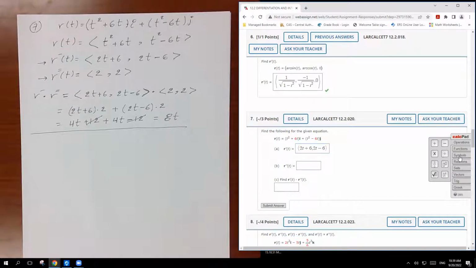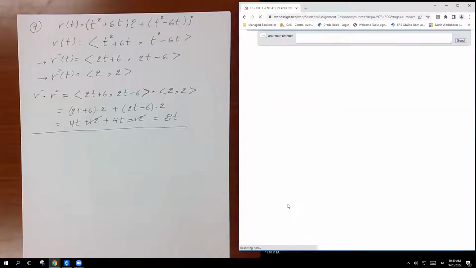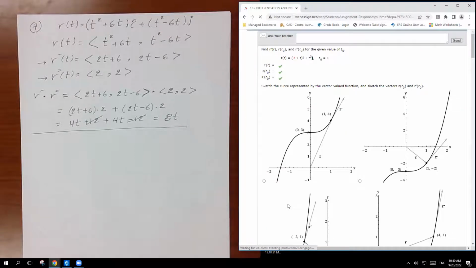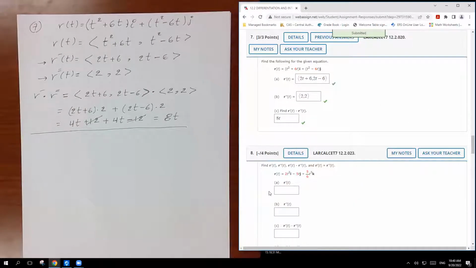And then the second one, the double prime, is going to be just 2, comma 2. And the dot product is 8t. That's it for this example.